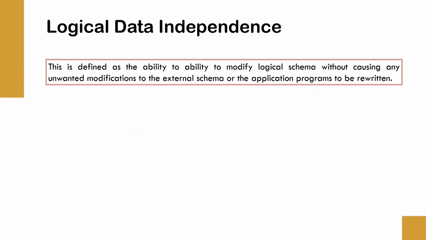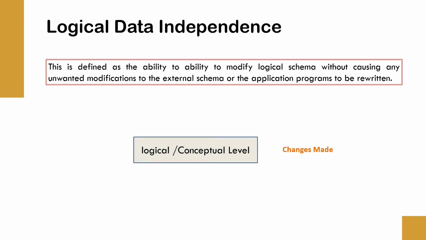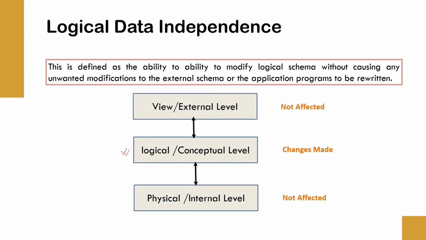It means that if some changes are made in the logical level or conceptual level, maybe you have changed some table structure or some relationship status, it should not impact the physical level or internal level and the view level or external level. Naturally, our job becomes very easy because the changes are made only in the logical level, and the rest will be taken care of by the DBMS.